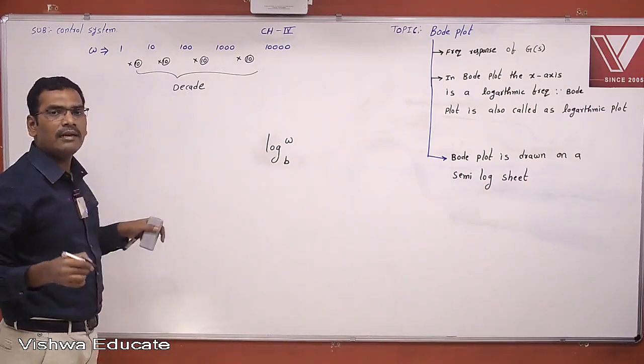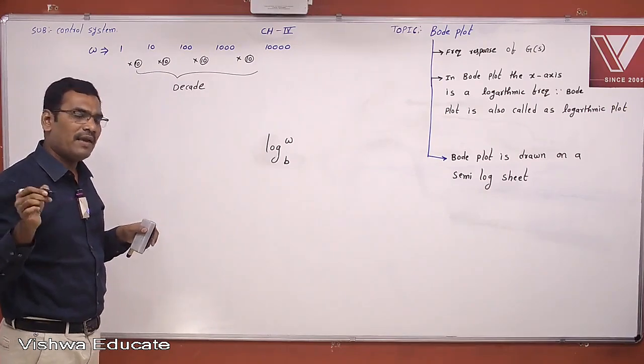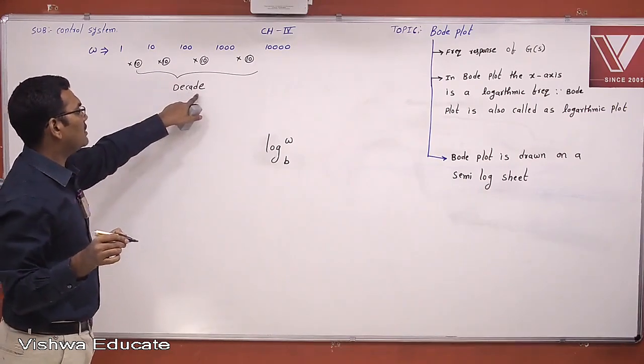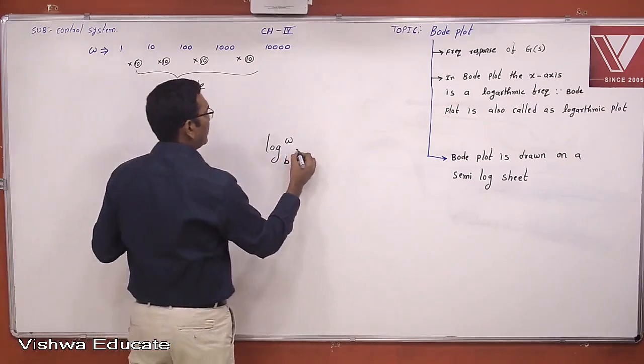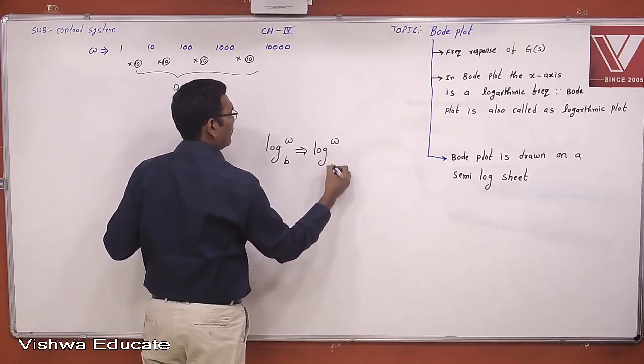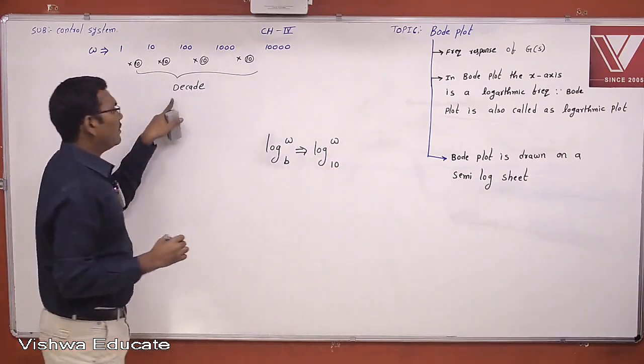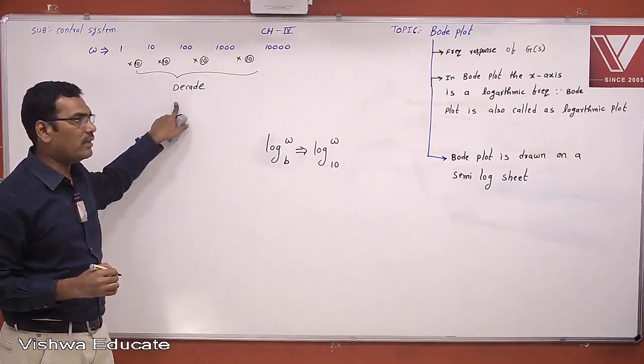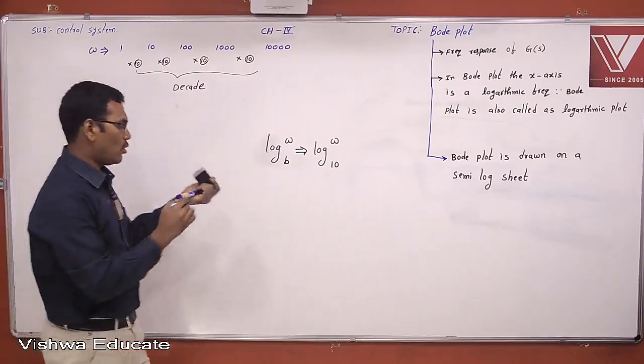So we generally take frequencies by a factor of 10, therefore it is called a decade. Therefore you just generally take it as logarithmic frequency and the base is 10. If the frequency is changing by a factor of 10, it is called a decade.